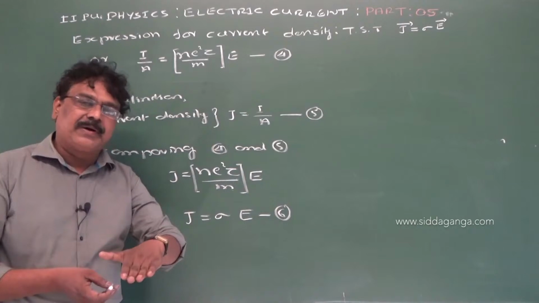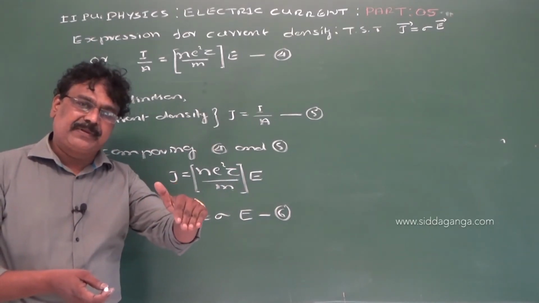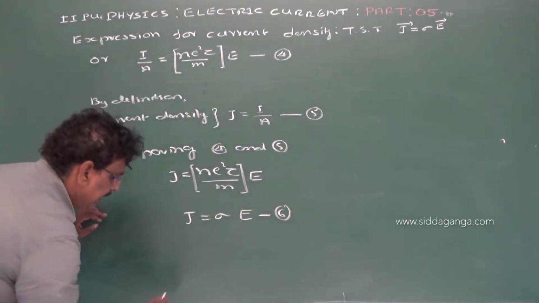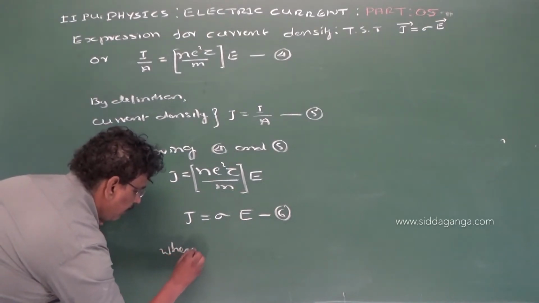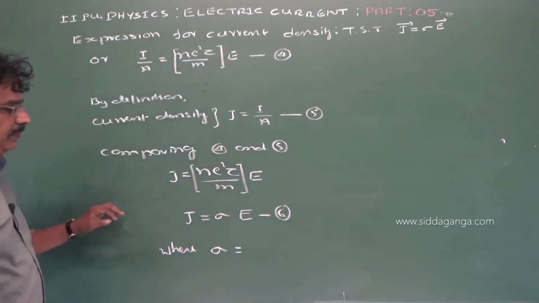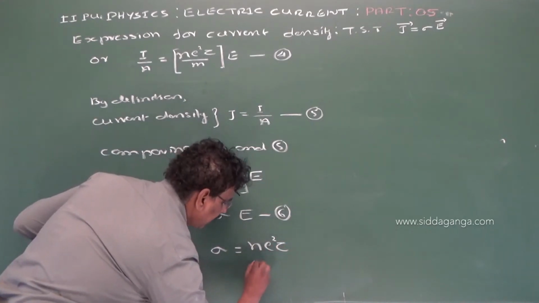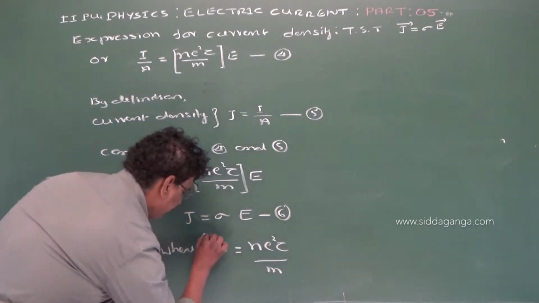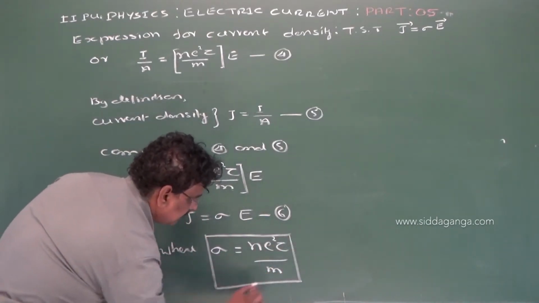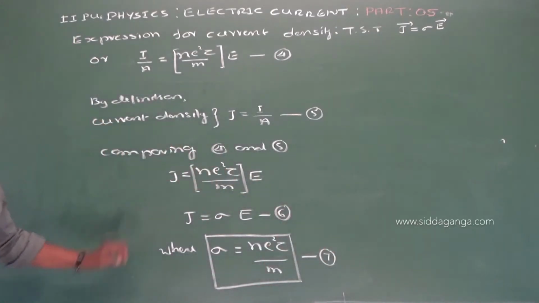Copper has a different value of conductivity, silver, aluminum, etc. Here sigma is equal to n e square tau by m. Let us take it as equation number 7.